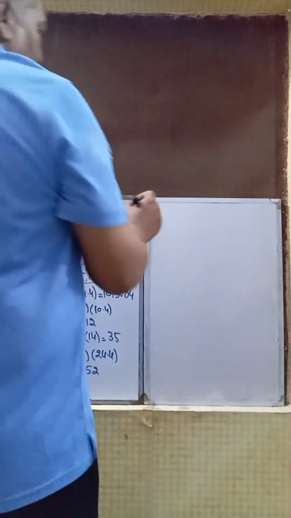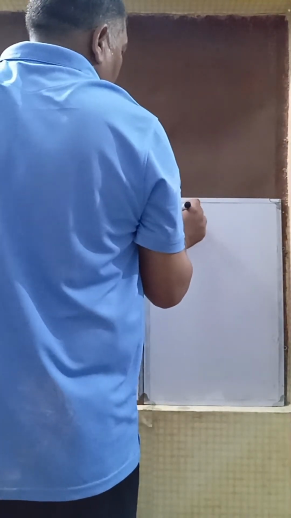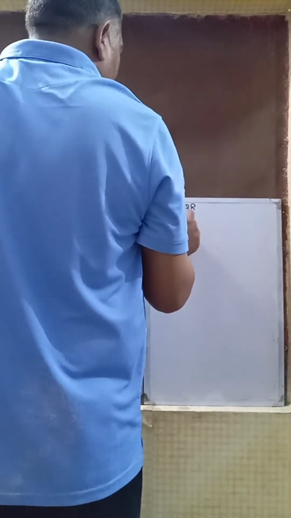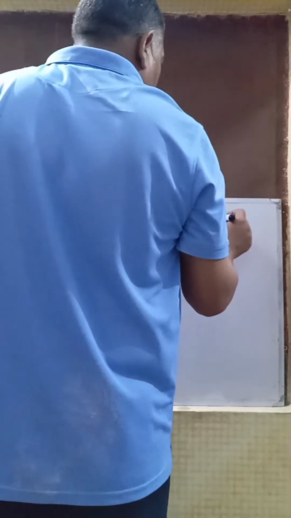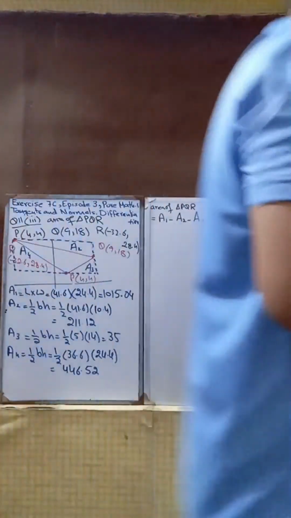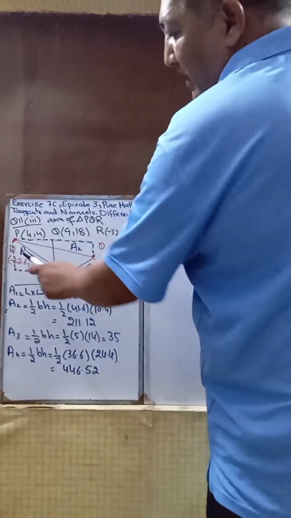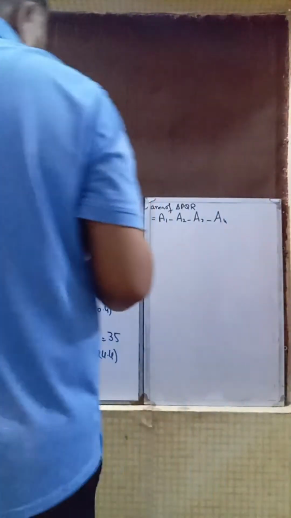So the area of triangle PQR is equal to the area of this rectangle minus the area of that triangle minus the area of this triangle. So from the area of the whole rectangle, subtract the area of this triangle and this triangle.